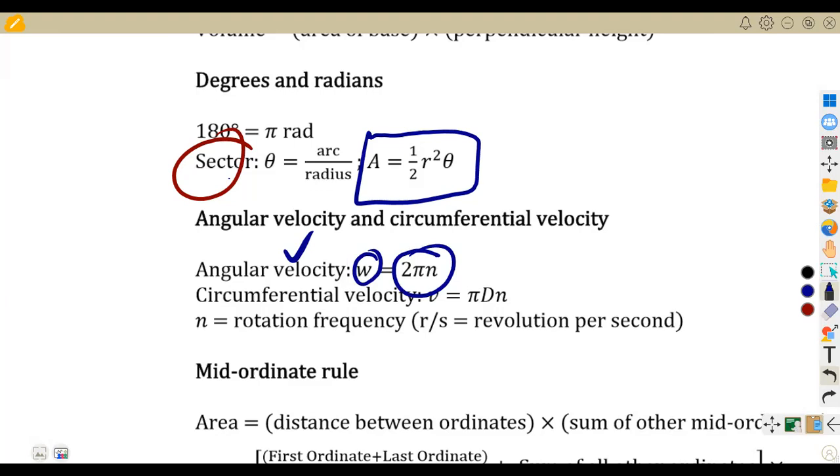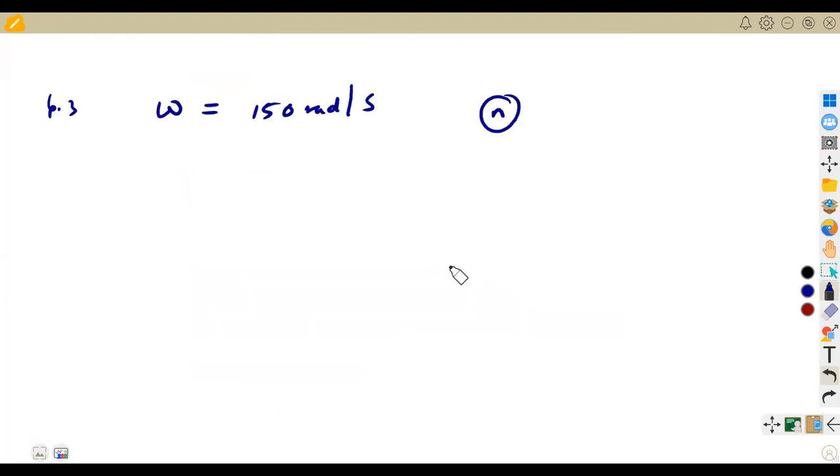I'm going to explain that formula. The angular velocity in rad per second is equal to 2 pi n, whereby n is the speed in revolutions per second, that is revs per second.